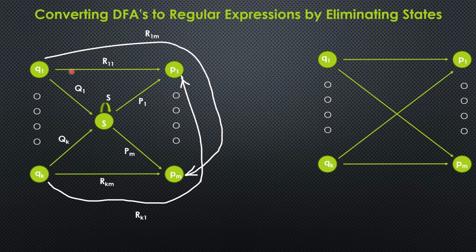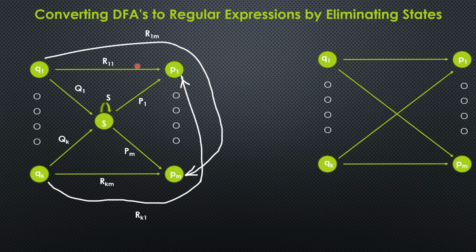So these are how the transitions are happening, where you have Q number of states having transitions to S, and there are so many states P's where an input from Q is transiting to P. And there are transitions from Q to P directly through some symbols R's without transiting through S.